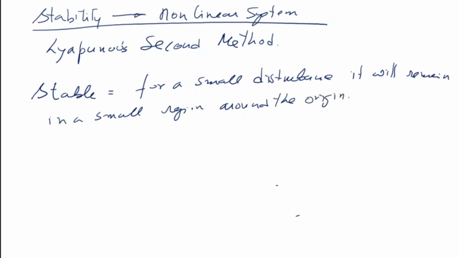So this is the meaning of stable. The origin is also sometimes called the equilibrium point.